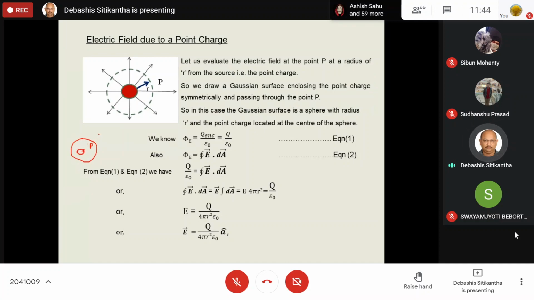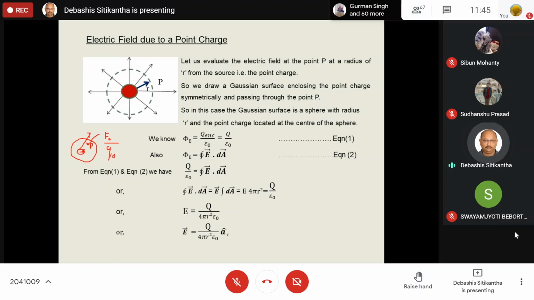Next, I have to bring a test charge and keep it at this point. Next, that test charge is going to experience a force of repulsion if it is a positive charge. So we calculate the force F0, then divide it by the magnitude of the test charge, and ultimately we get the electric field. Lot of calculations. But now, just have a look at this. Only one or two lines is enough to find the electric field.